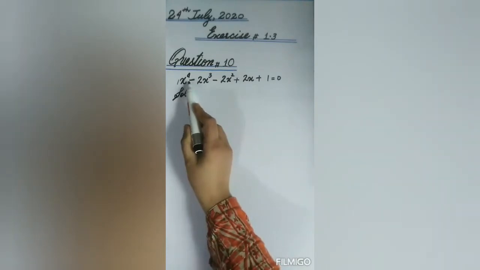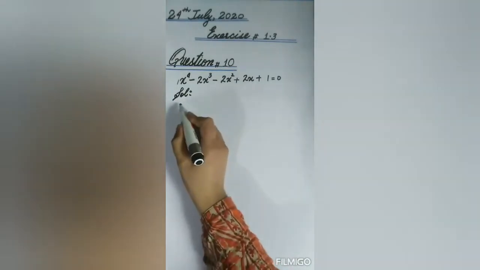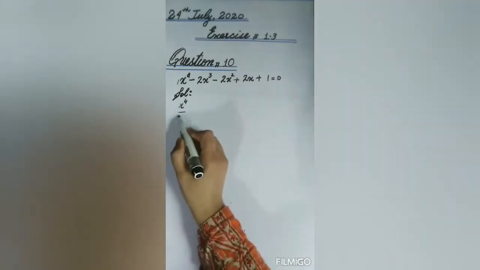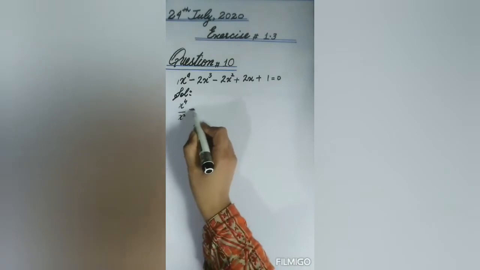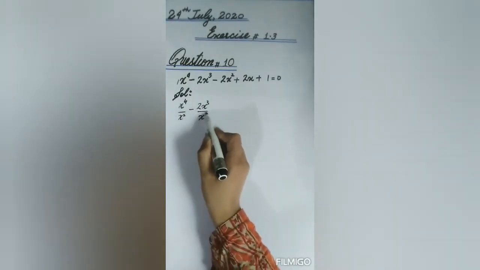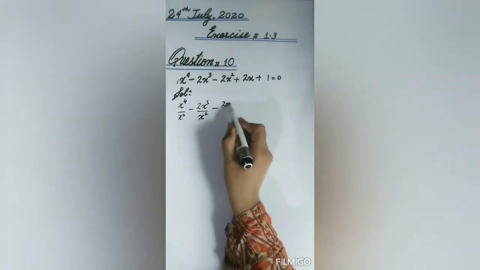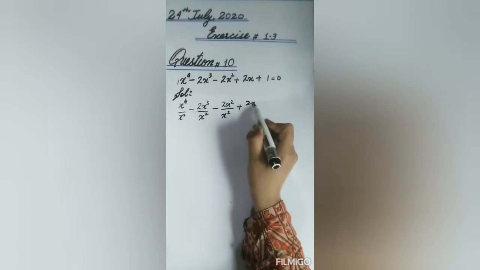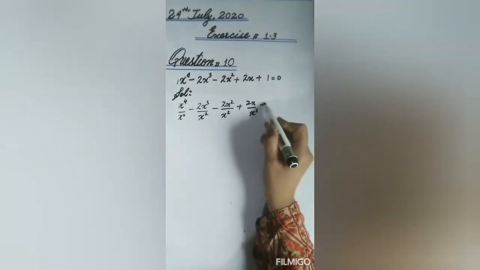So how can we make x square? If I divide every term by x square, then we will have x^4 divided by x square minus 2x cube over x square minus 2x square by x square plus 2x over x square.